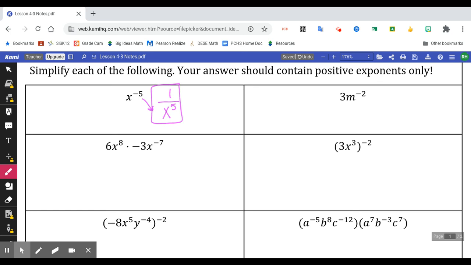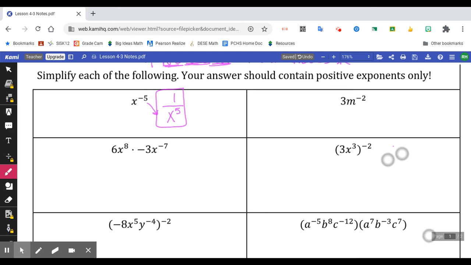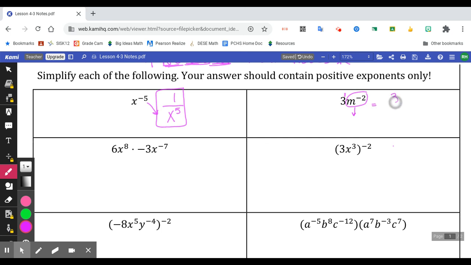So if that exponent is negative, it has to drop to the bottom. So this guy, remember, has a little 1 right here. Okay? So actually, the only part of this that has a negative exponent is the m. So the m is the part that's going to drop, and the 3 is going to stay on top. So 3 stays because it has a positive exponent. M drops to the bottom and becomes a positive exponent as well. So 3 over m squared.